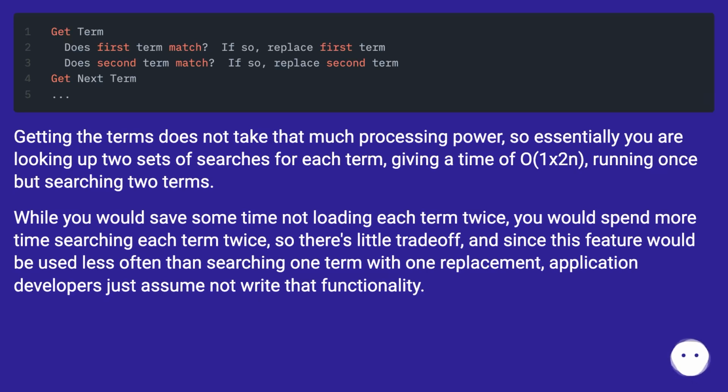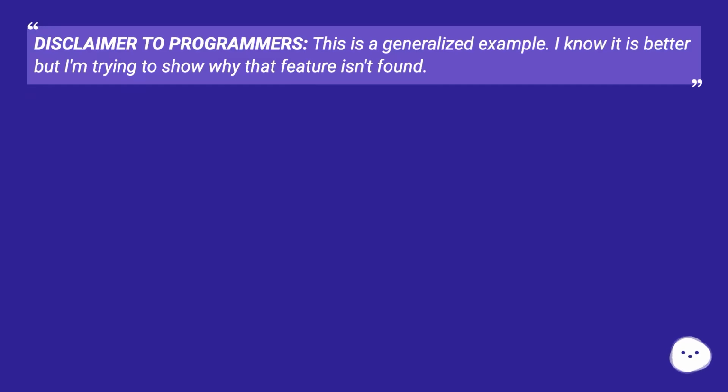While you would save some time not loading each term twice, you would spend more time searching each term twice, so there's little trade-off. And since this feature would be used less often than searching one term with one replacement, application developers just assume not to write that functionality. Disclaimer to programmers: this is a generalized example. I know it is better, but I'm trying to show why that feature isn't found.